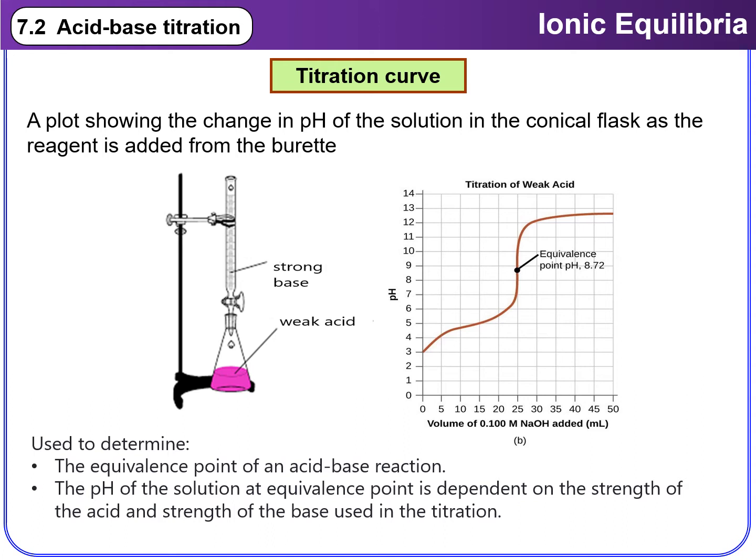Titration curve is used to determine the equivalent point of an acid-base reaction, and the pH of the solution at equivalent point is dependent on the strength of the acid and the base used in the titration.